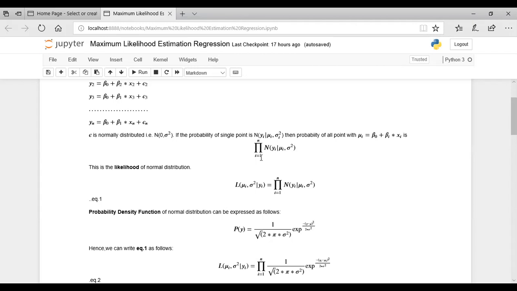Now this is nothing but the likelihood. The likelihood function L of the parameters mu i, sigma square, given yi, is equal to the product of N of yi given mu i, sigma square. This product sign means N of y1 given mu1, sigma square, multiplied by N of y2 given mu2, sigma square, this way.